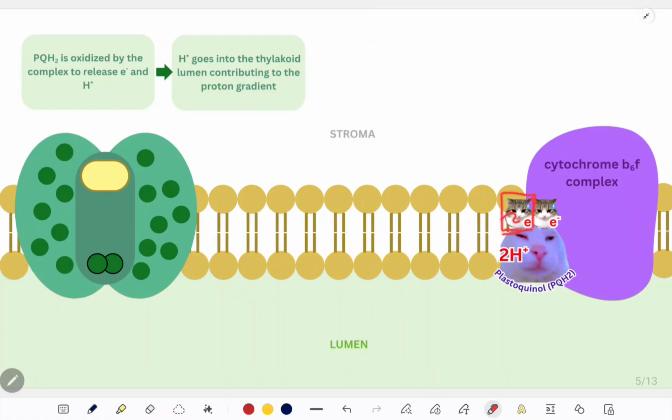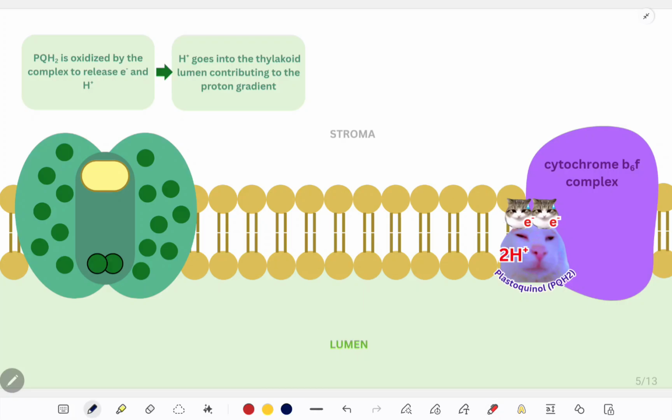So you can see the electrons here are quite tired. The cytochrome B6F complex will oxidize plastoquinol, so it will take these electrons away, and then the protons will be transferred to the thylakoid lumen through the cytochrome B6F complex.